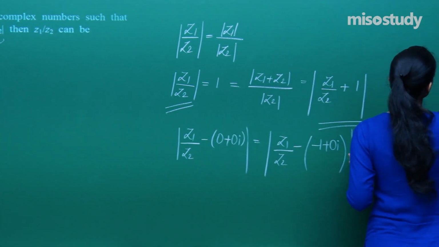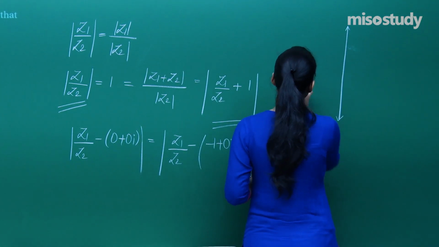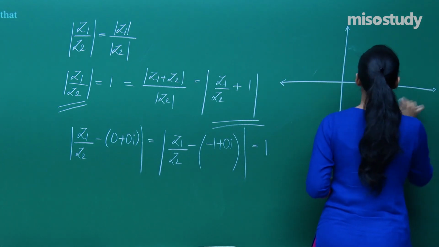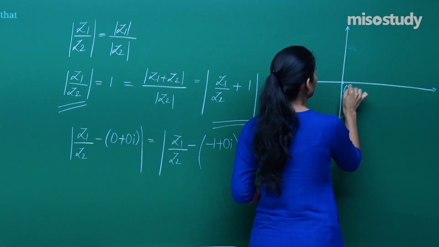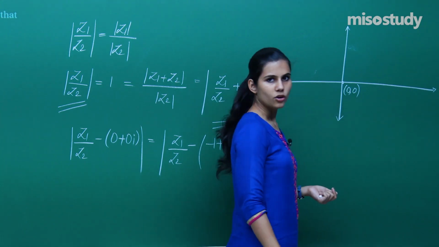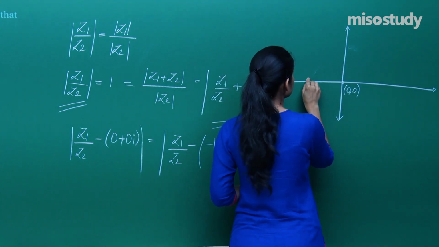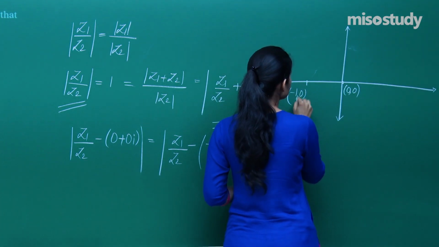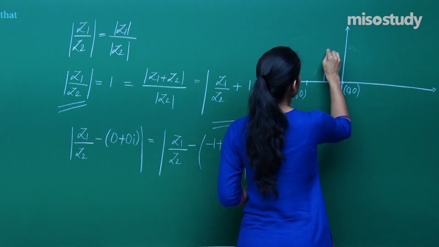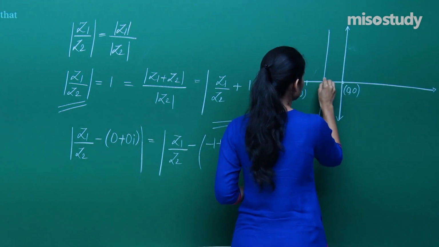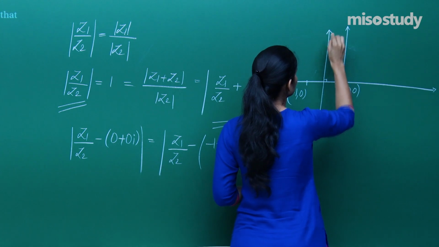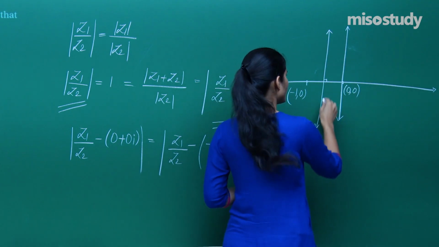So if that is the situation, it's pretty simple to understand. This is 0 plus 0 iota or 0 comma 0 ordered pair. This is say minus 1 plus 0 iota, then the perpendicular bisector is this. What is this point?